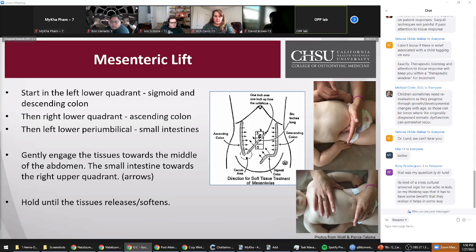So this way, you'll notice that you start in the left lower quadrant towards the sigmoid and descending colon, but because of the anatomical differences, depending upon the size of the patient, you may have to do what's located there in the lower right picture.